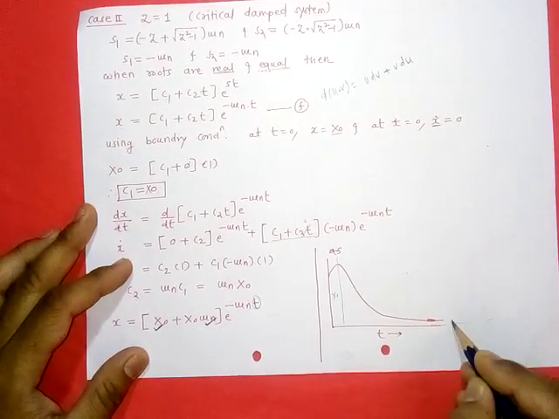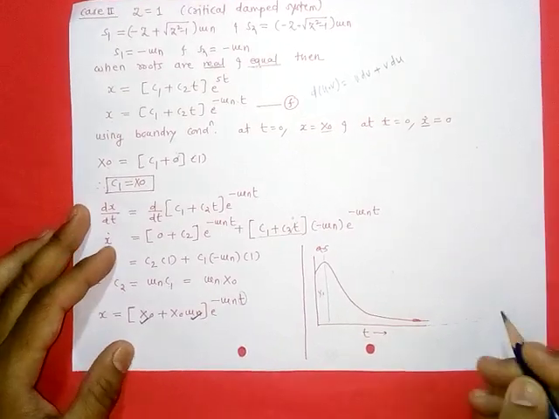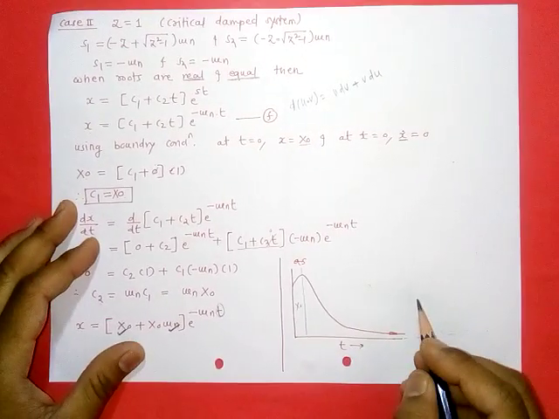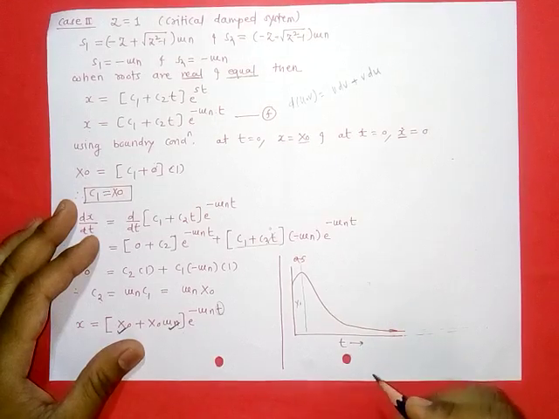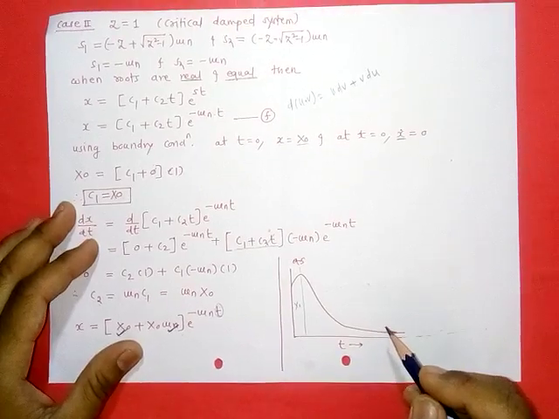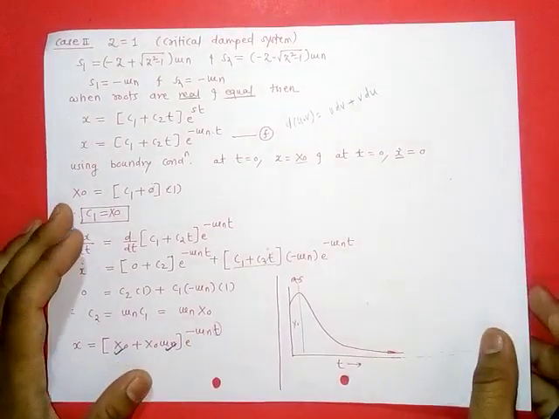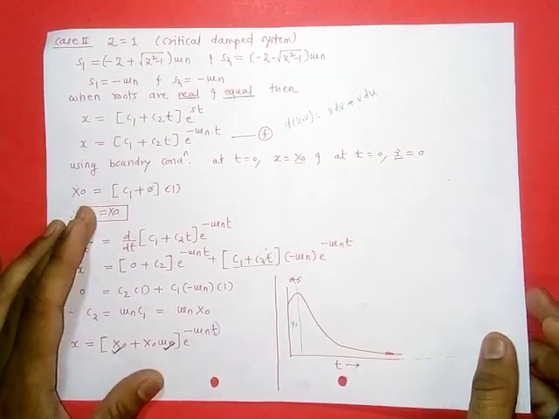Finally after some time it reaches the equilibrium position, but it does not cross the equilibrium position or move about equilibrium, so it is not a vibrating system. So overdamped and critically damped systems are not actually vibrating systems.